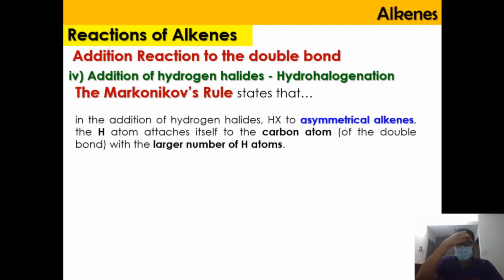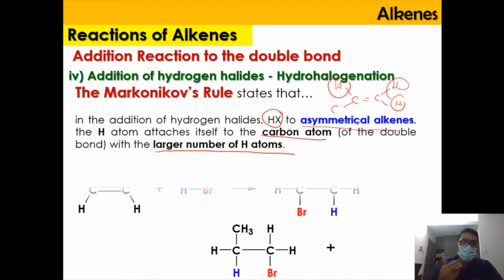The Markovnikov rule states that in the addition of the hydrogen halide, HX, to an asymmetrical alkene, meaning the carbon-carbon double bond does not have the same number of hydrogen atoms, here might have only 1, here got 2, the hydrogen atom of the halide is going to be attached to the carbon atom that has the larger number of hydrogen atoms.